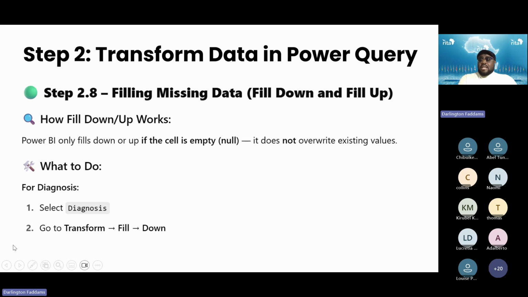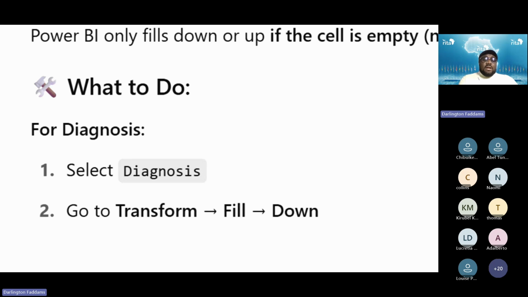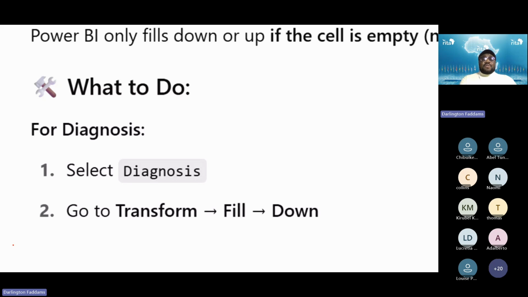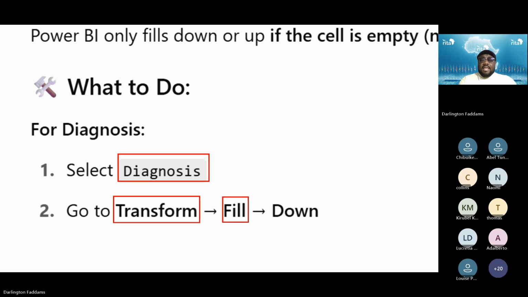Now, as an example, I'm going to give you an instruction that will not work, but you think it should work. There's a column called diagnosis. Look for it. Go to the transform tab, look for fill and look for down. This should fill all the empty spaces.